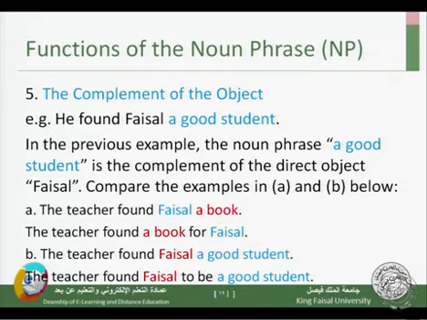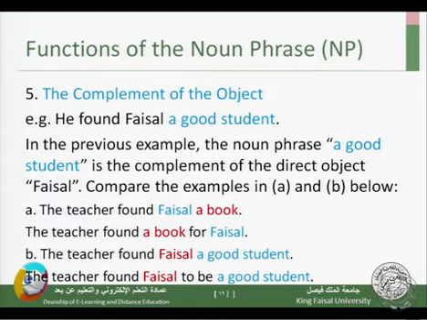Here, to further clarify the meaning of what we just said, we will compare a few examples. So compare the examples in A and B below. Look at A. The teacher found Faisal a book. Okay, and look at B. The teacher found Faisal a good student.